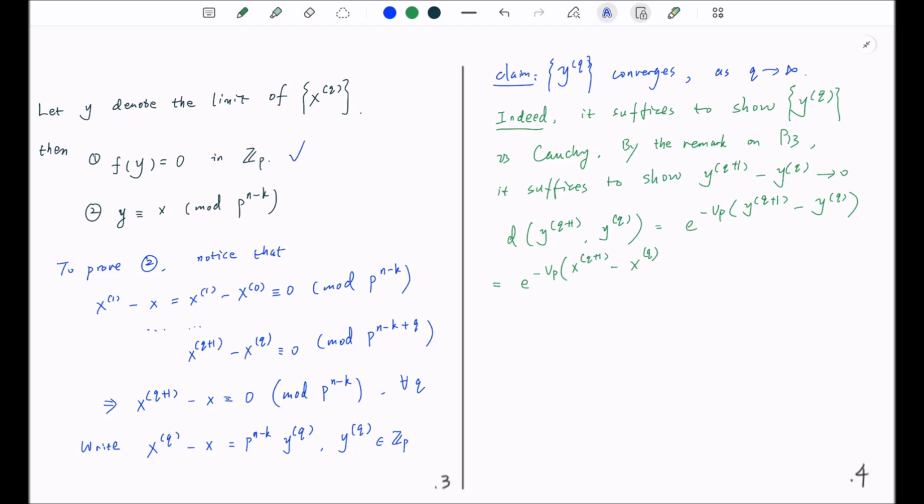We get the difference of x q plus 1 and x q multiplied by p to the negative n minus k. This is by the injectivity of the multiplication by p to the n minus k map.